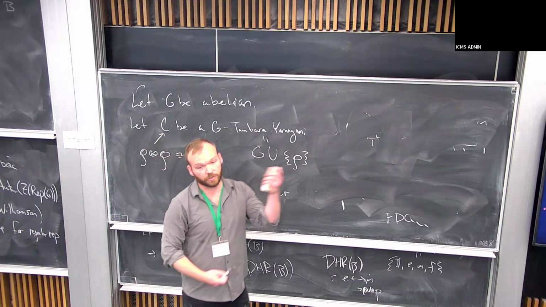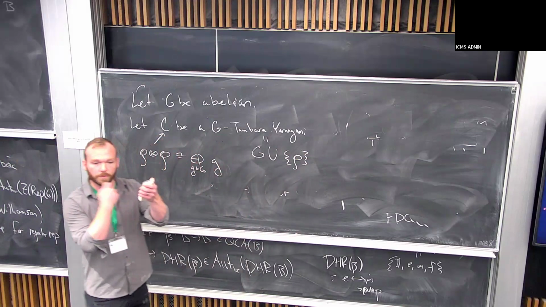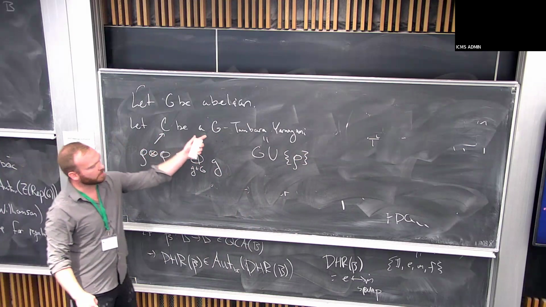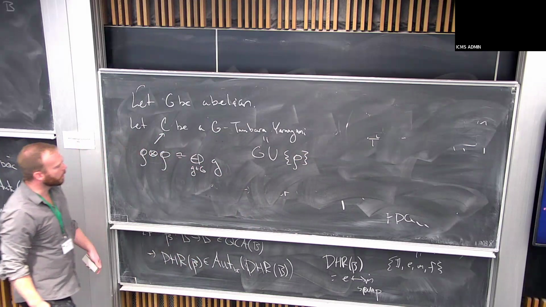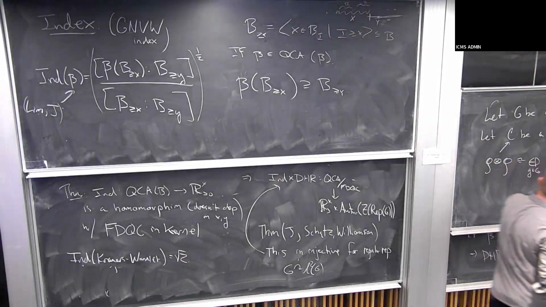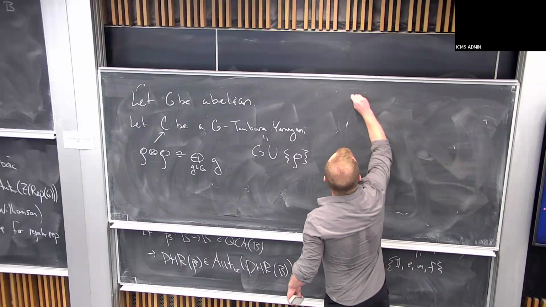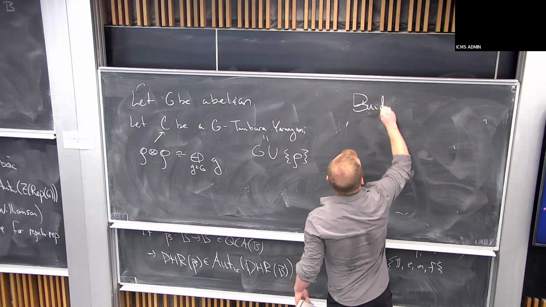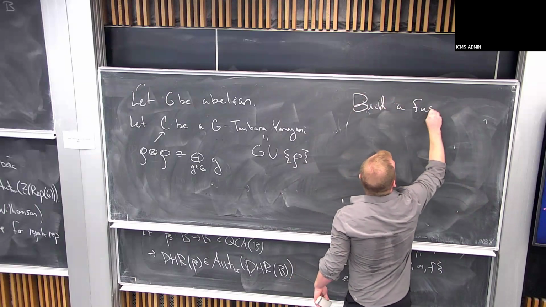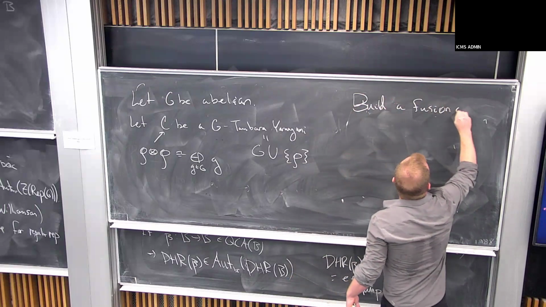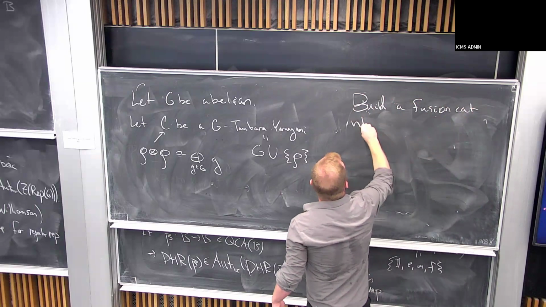Rho times G is just rho. So rho kind of absorbs the action by G, and when I tensor the G elements together, I just do the group multiplication. Okay, so take this. So here's what you do. Build a fusion category net with C.